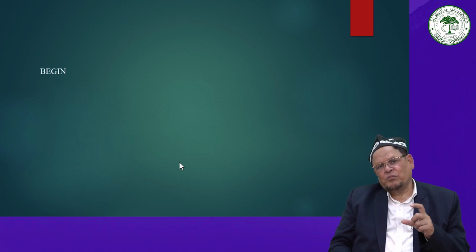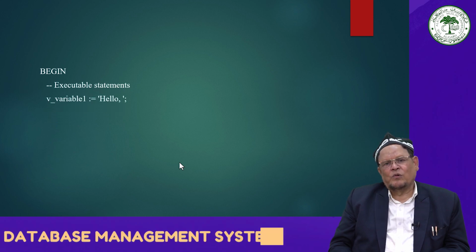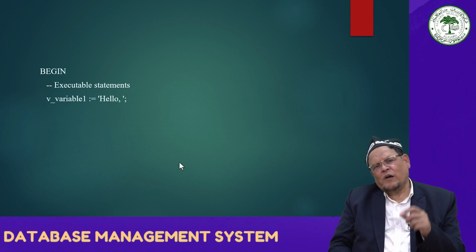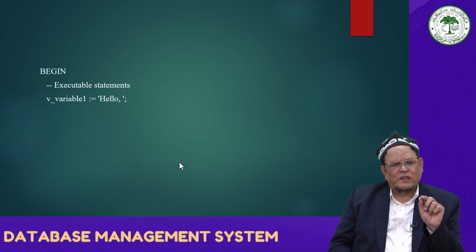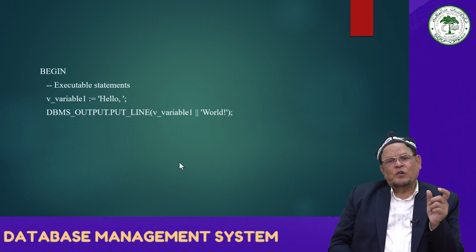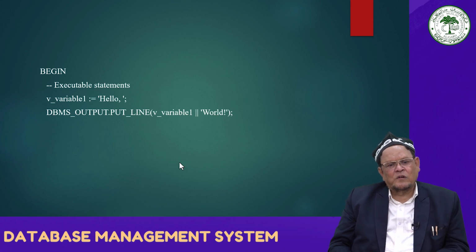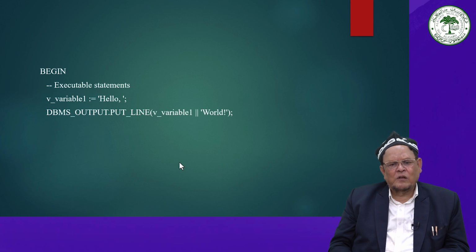Then you have to write begin, and then the executable statement: v_variable1 := 'hello'. In this program you have to write hello world. In the variable, hello is put in quotes. Then the command is dbms_output.put_line, within brackets v_variable1 concatenated with world.